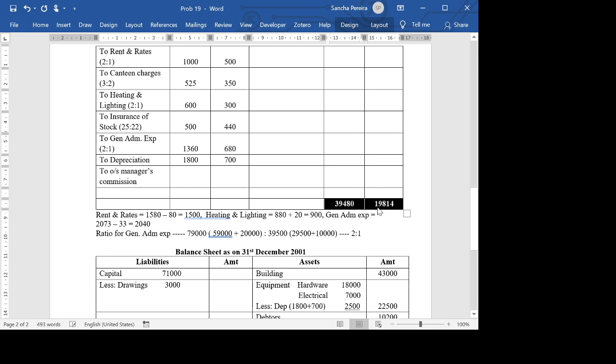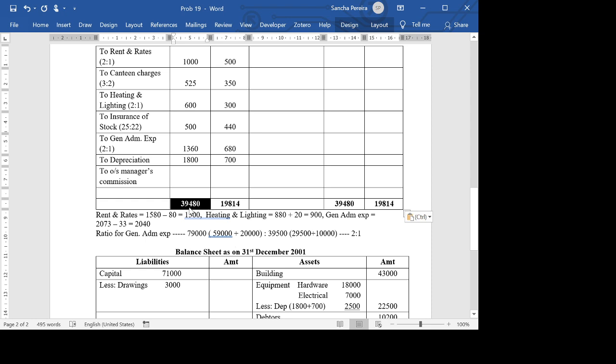Now, before I directly go to calculate the net profit, I need to pay 5% commission to the managers. 5% commission on net profit, net profit up till all the expenses are considered.